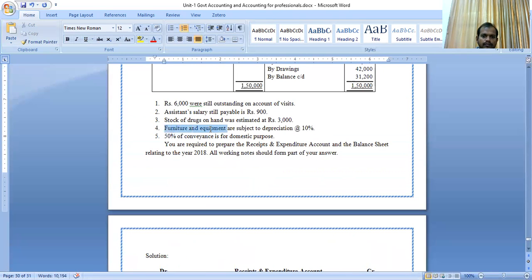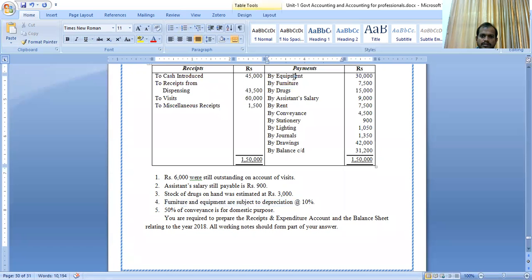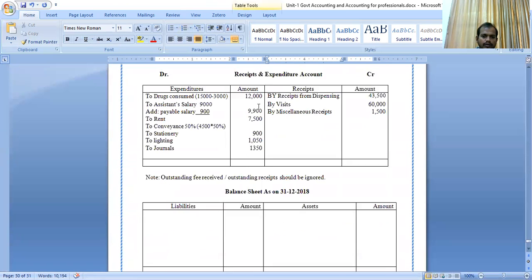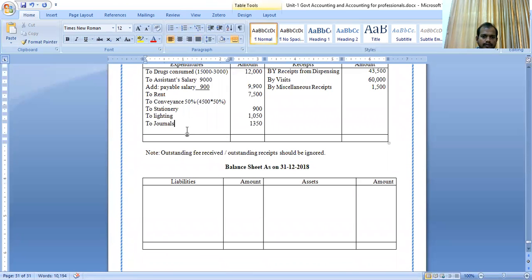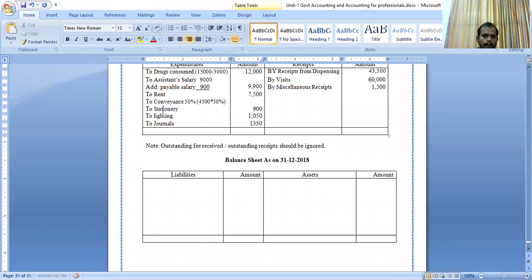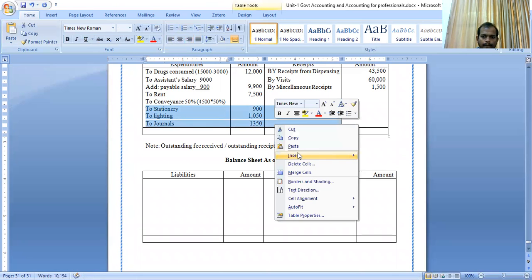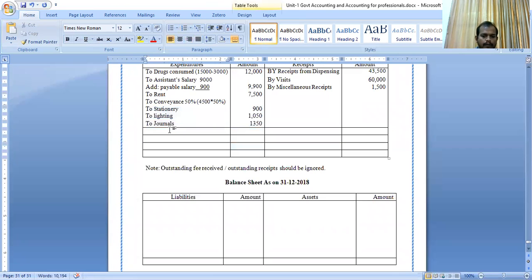Another one is furniture and equipment, which are subject to depreciation at 10%. We have to record the depreciation.